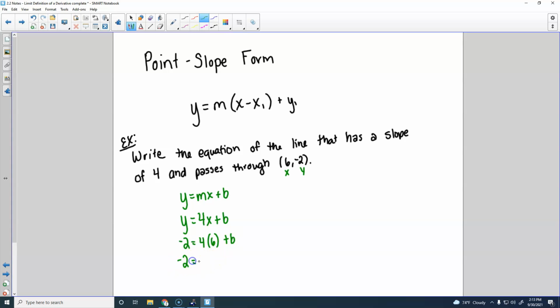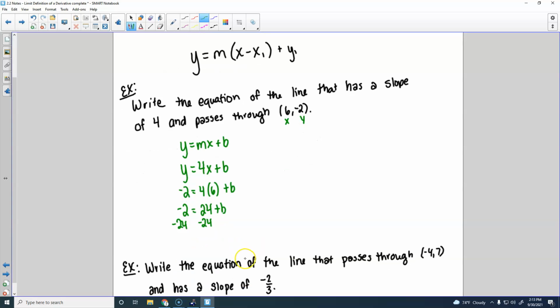And so that's negative 2 equals 24 plus b. We subtract that 24, and we get negative 26 equals b. So the equation of the line is going to be y equals 4x minus 26.